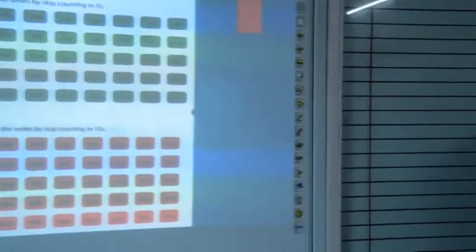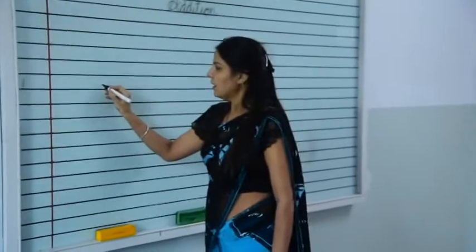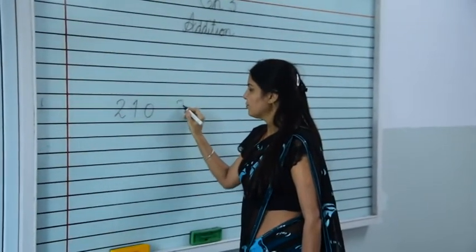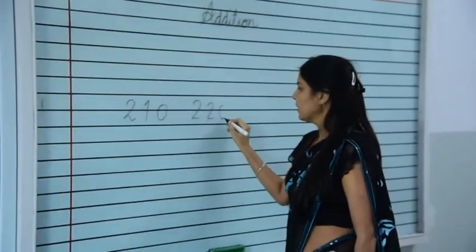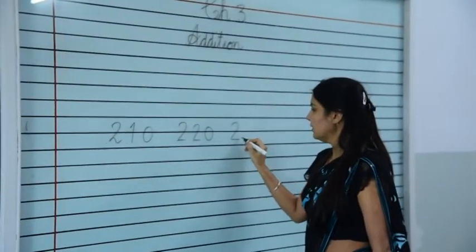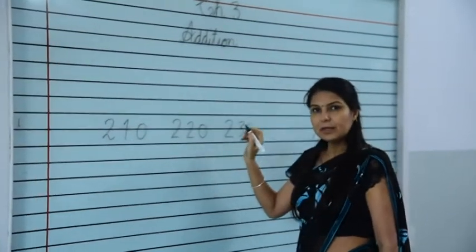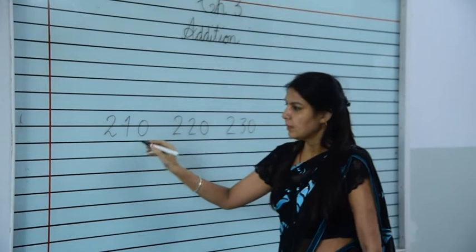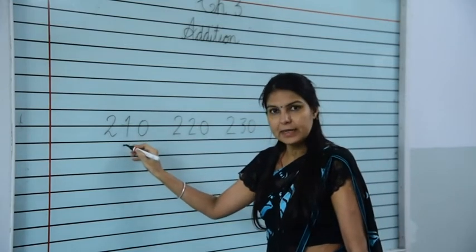Now let's see on the board how we can do this sum very easily without counting the numbers on the fingers. Numbers are 210 and 220, 230. These numbers are given. So what you will do? You will change the digit which is at the tens place.